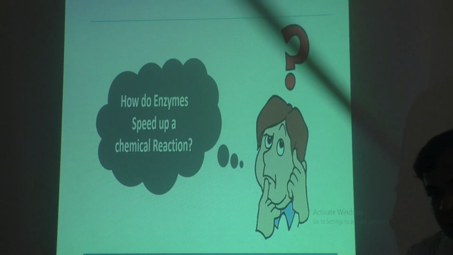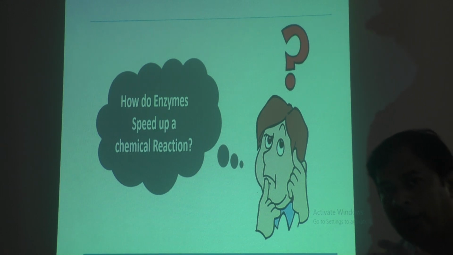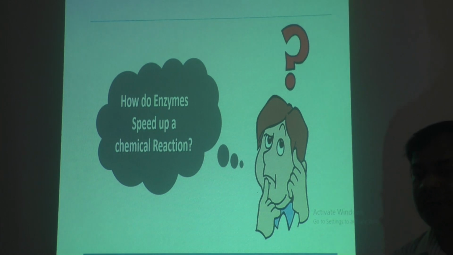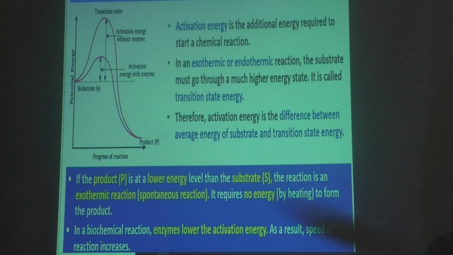Now the question is, how do enzymes speed up chemical reactions? Means how does the enzyme make the reaction fast? Let us see the answer for this. You need to understand a concept called activation energy.